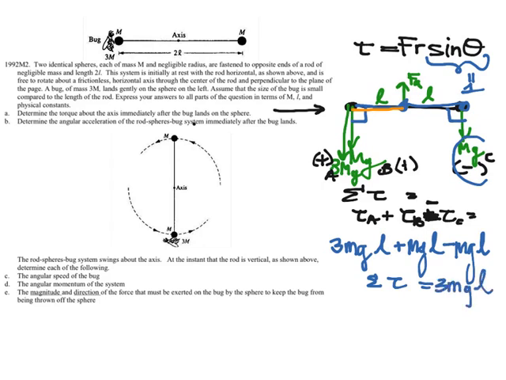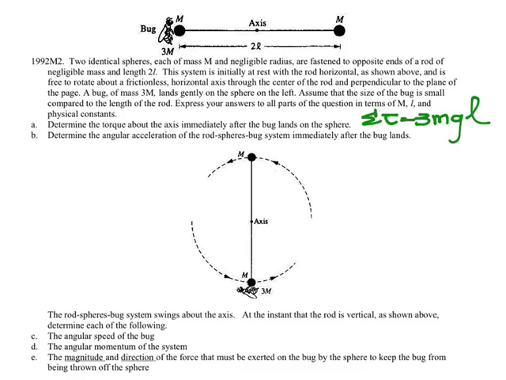In part B, it asks us to find the angular acceleration, so that's our alpha, of the rod-sphere-bug system immediately after the bug lands. To figure this out, we can use sigma tau. The net torque is equal to I alpha.